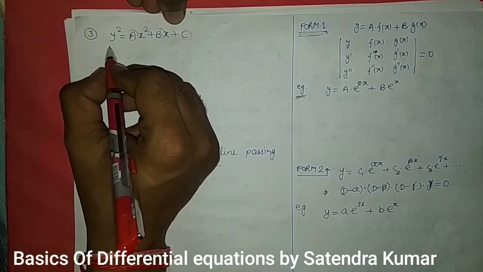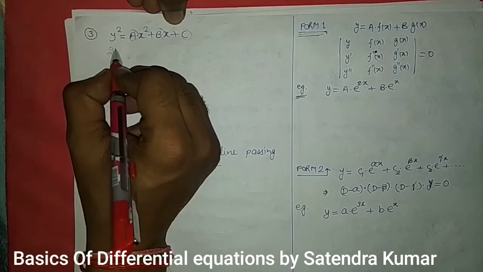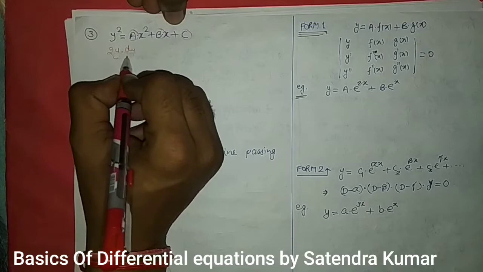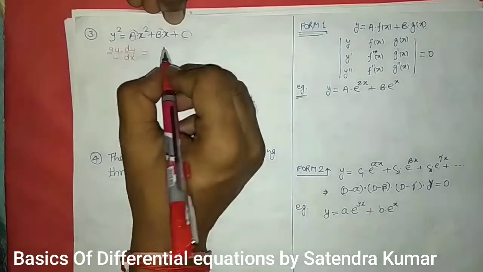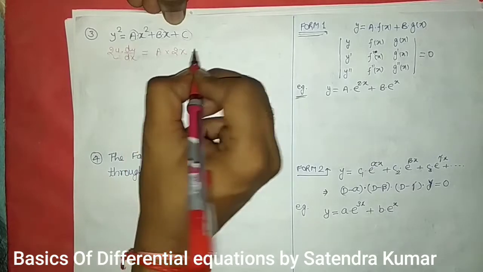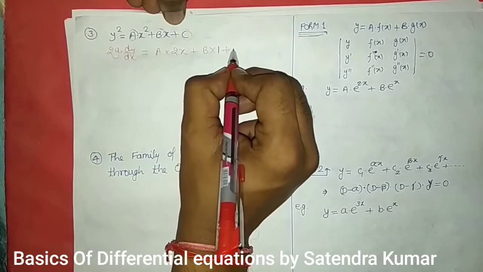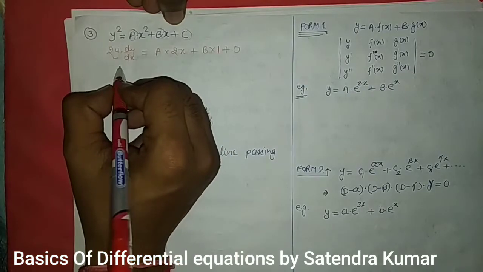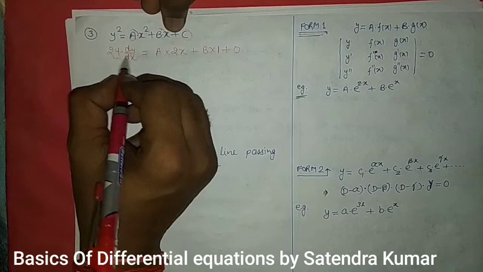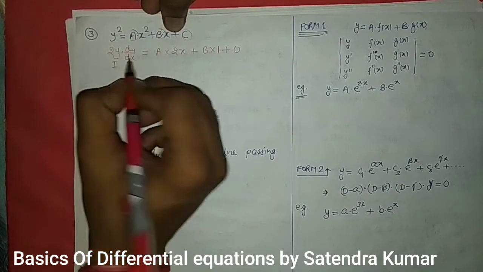So firstly differentiating the given equation with respect to x, so y squared gives 2y dy/dx is equal to a, and differentiation of x square will be 2x, and b into 1, and c gives 0. Again differentiating, here we observe 2 functions, so the product rule will be applied.